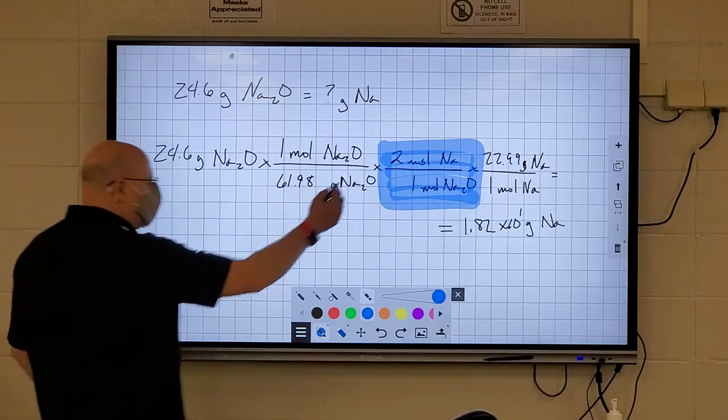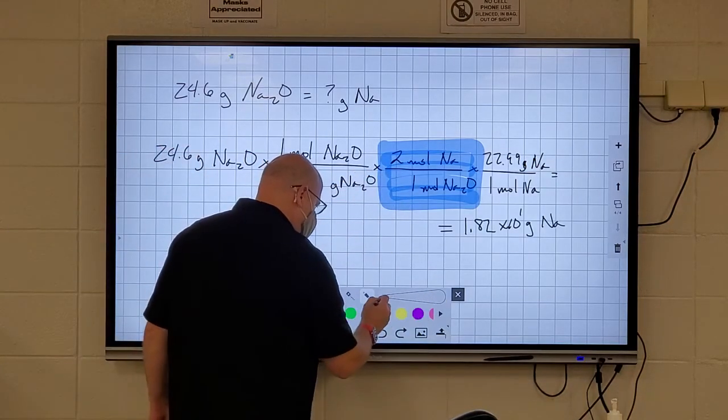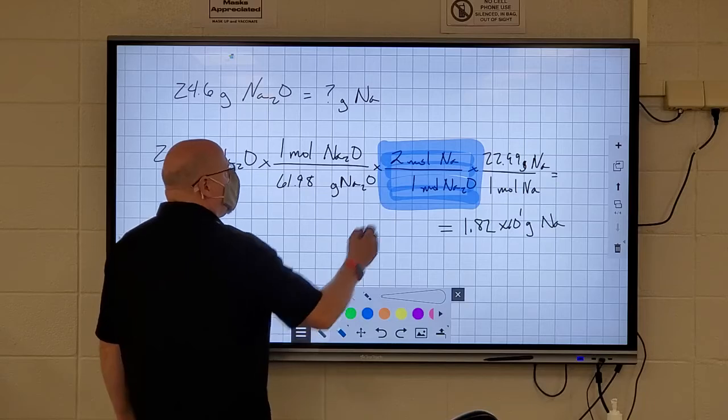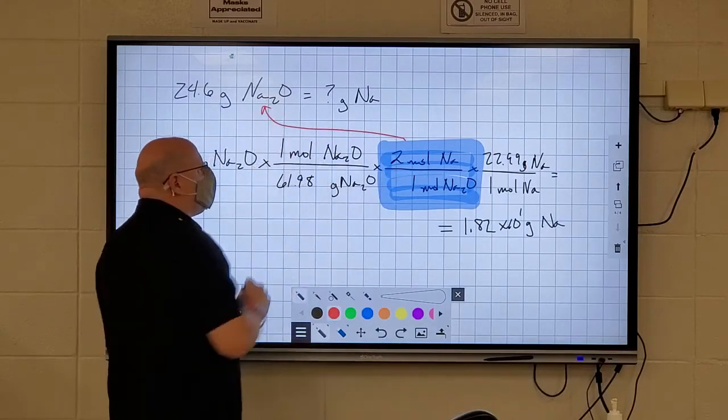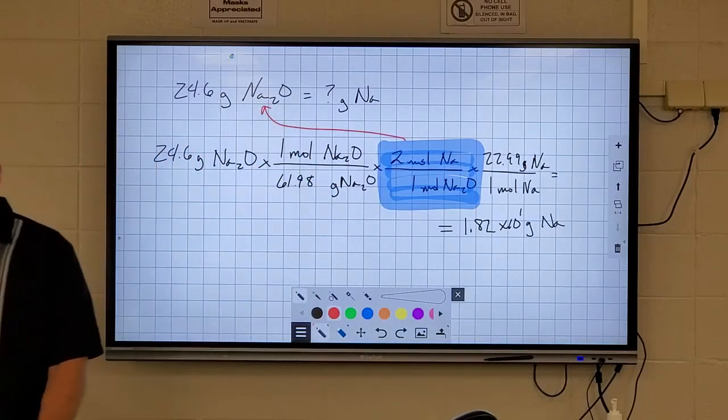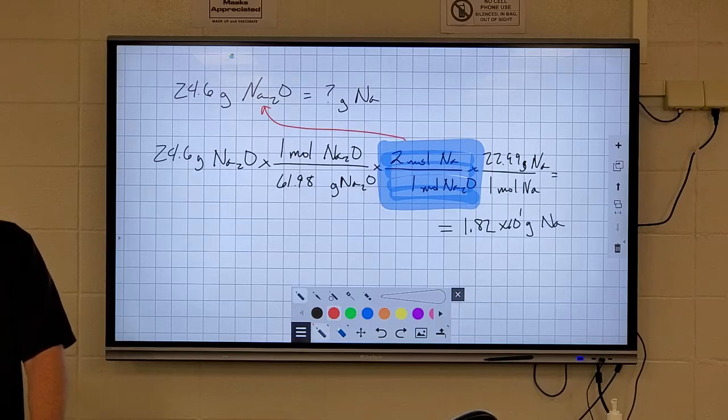And where does that conversion come from, Lexi? From the formula for the compound. Okay. So mole to mole is from the compound, and mole to gram is from the periodic table. Yes.